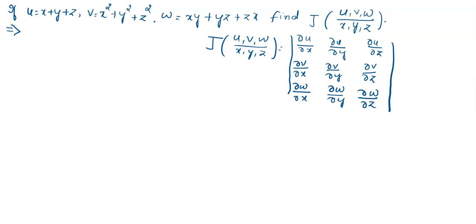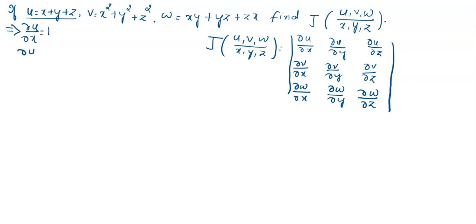So let me differentiate u with respect to x, with respect to y and with respect to z partially. First, let me differentiate u with respect to x, partially treating y as a constant and z also constant. So the differentiation of x with respect to x is 1.